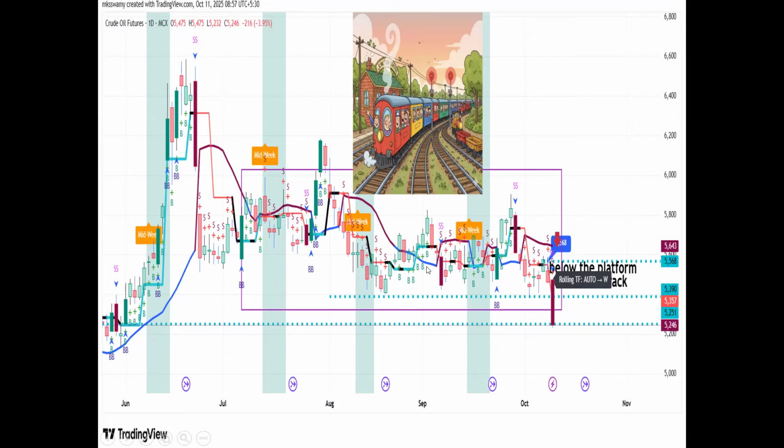And my GANN HiLo was showing mixed feelings. You can see at the halt period, the GANN HiLo was flipping between red and blue, and even the pivots also. Red to black, and blue and green, everything.